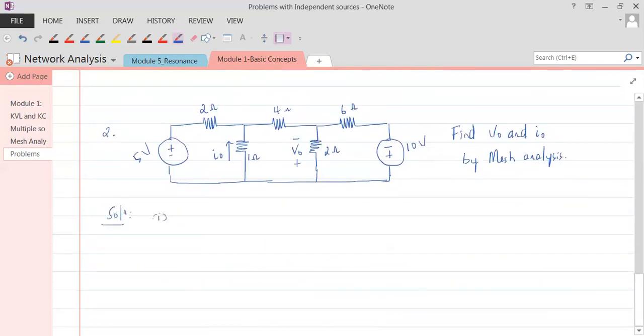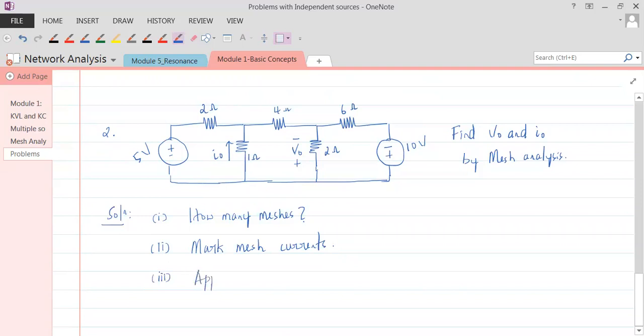First, how many meshes need to be analyzed? Then the second part is to mark the mesh currents. What is the third step? After marking mesh currents, what do we do?